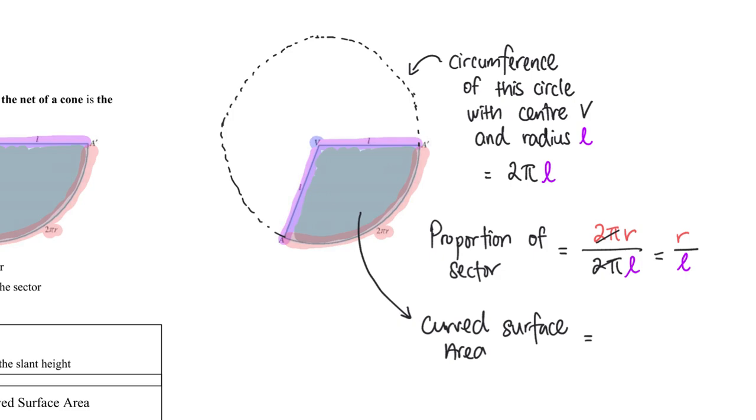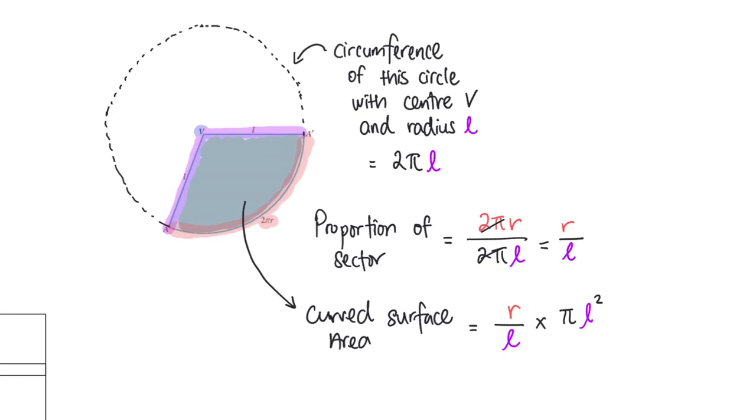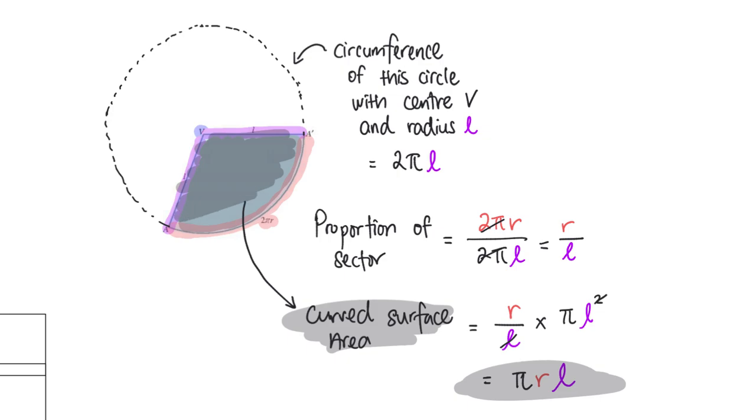I know the portion now, which is r over L of this big circle, and this big circle would be pi L square, since the radius is L. Doing some algebraic manipulation, I could divide off the L, and finally I will get pi r L. That is a very important expression that we just arrived at, because that is this area here.